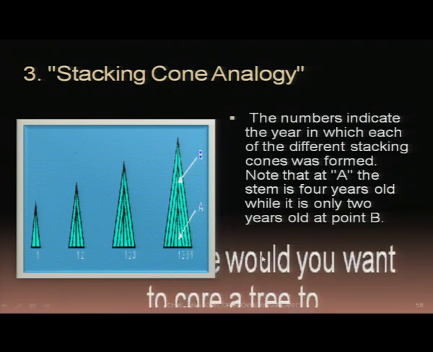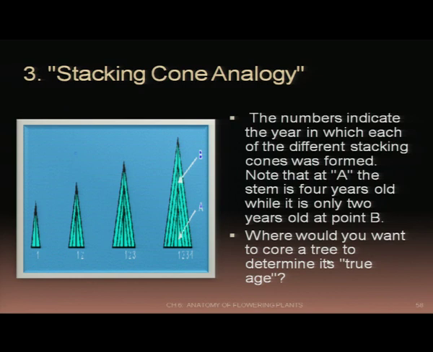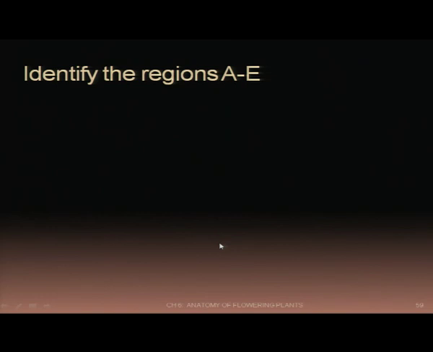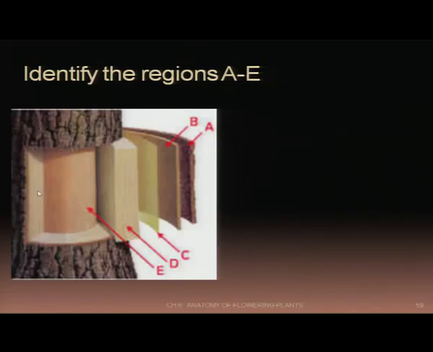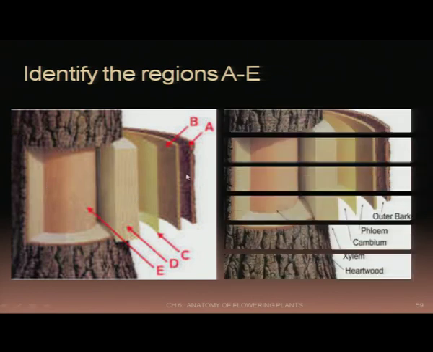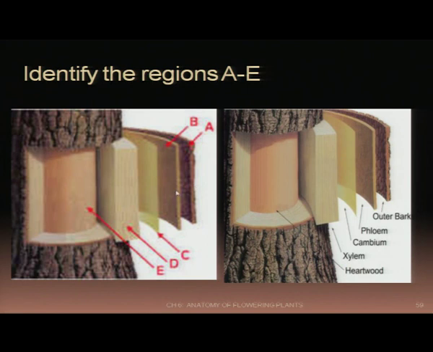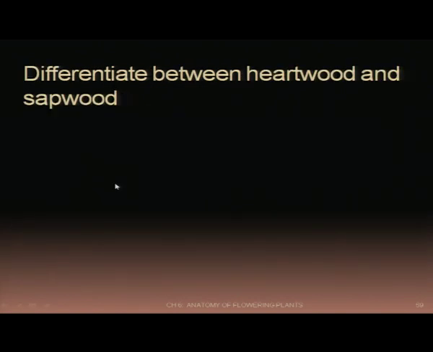One question, where would you want to core a tree to determine its true age? Obviously, near the base. Why? Because the older portions are there. You can be asked similar questions in the exam to identify the regions. We had discussed that this must be the bark, the phloem, the cambium, the xylem and the darker colored heartwood.